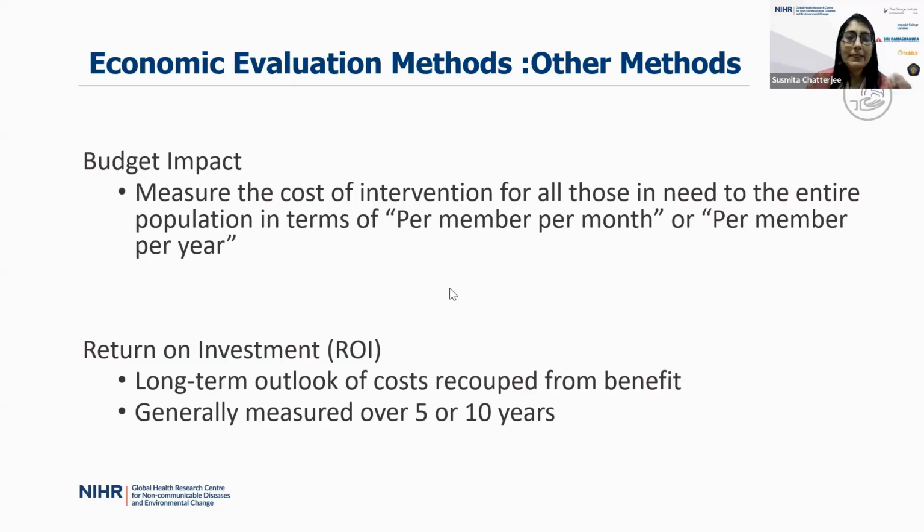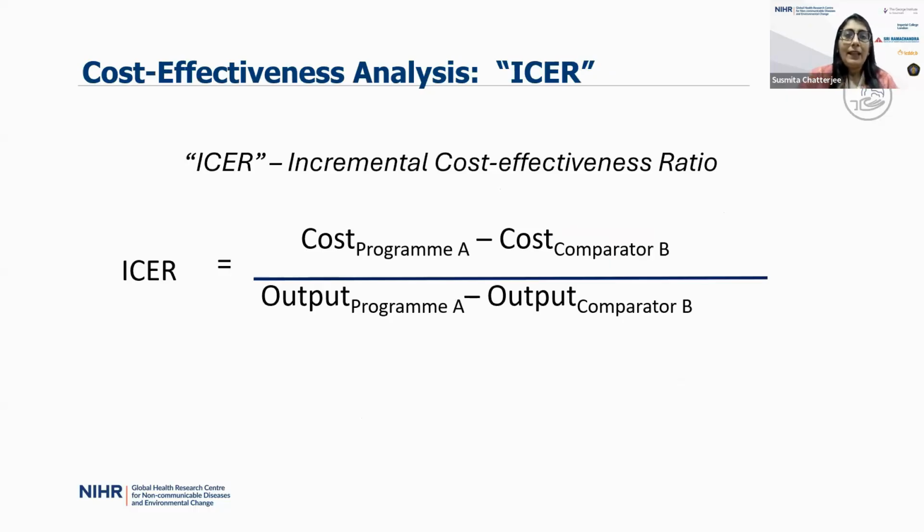This is a very easy method for government people to understand, because they see that if I invest this much, I will get this much return. For another alternative, if I put in 1 rupee, I'll get 50 return. Oh, I'll go with the 50 return. That's the easiest thing the government can think of. So that's return on investment. But these two are not very commonly used, because that's not what we do regularly.